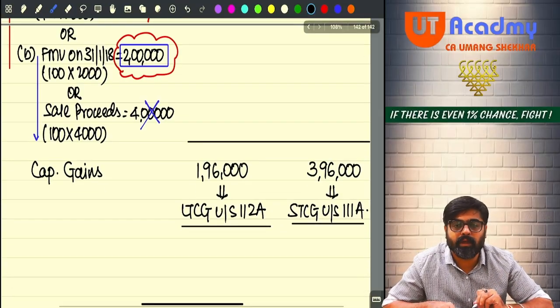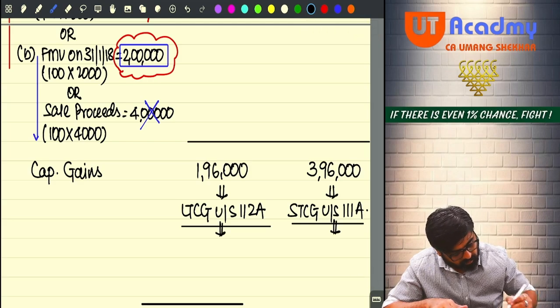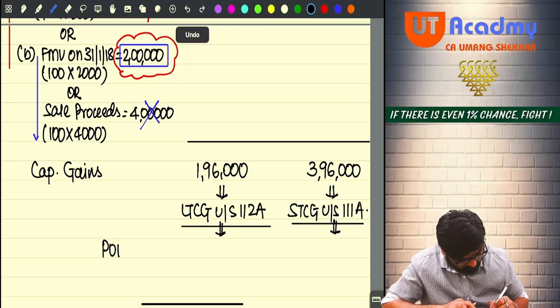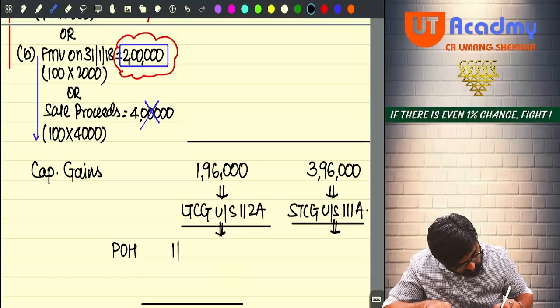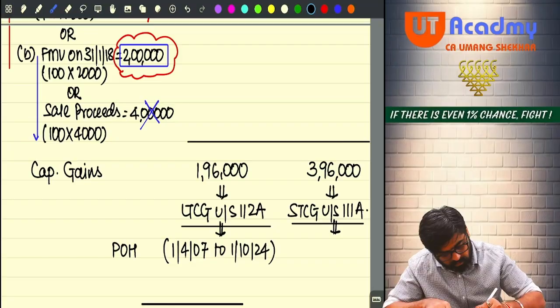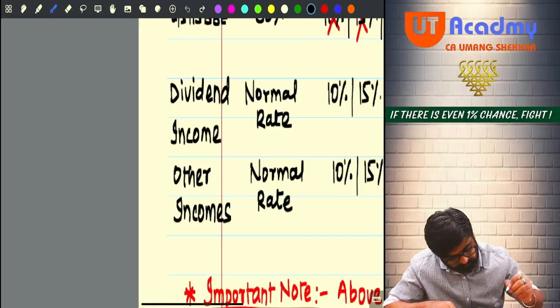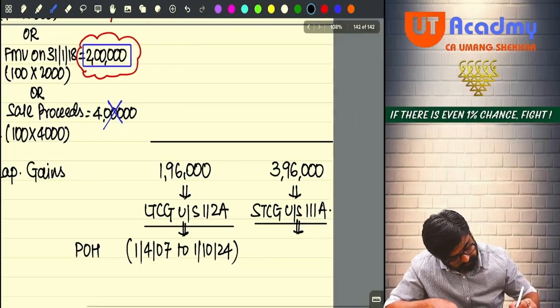How did you know that this is long term, this is short term? So for that you saw period of holding. What was the period of holding? For these shares, 1st April 2007 to 1st October 2024. 1st October only, no? Yes. And for bonus, it was 1st December 23.